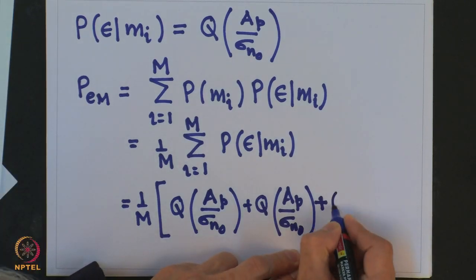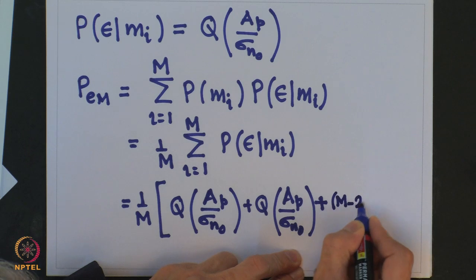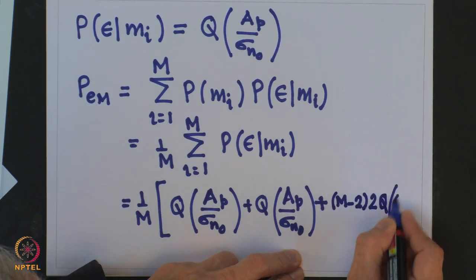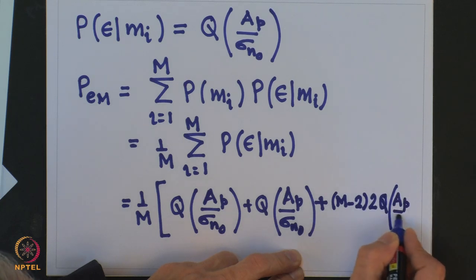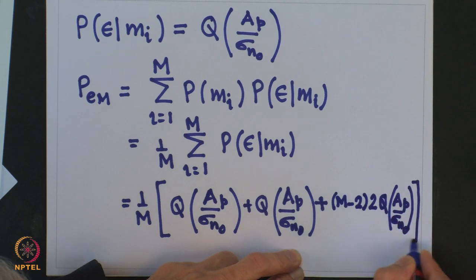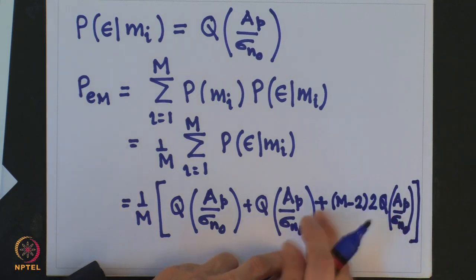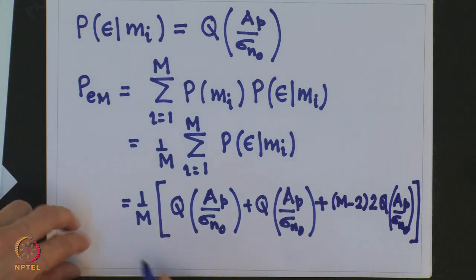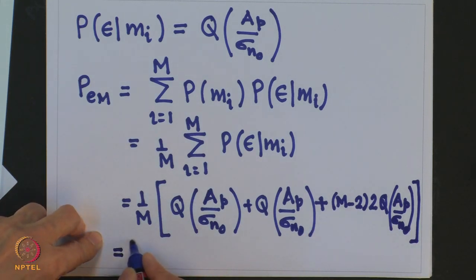So this would be equal to M minus 2 multiplied by twice Q of Ap by sigma. There are M minus 2 symbols in between. So, we get this quantity. This we can simplify to be 2 times M minus 1 divided by M.